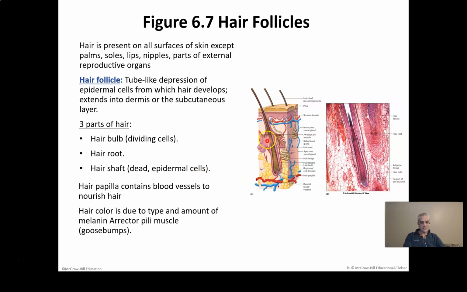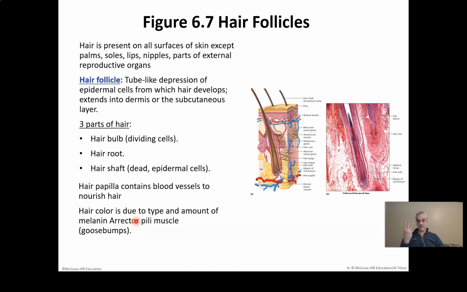Now, down in the bulb, there is going to be a nourishing supply of capillaries. There will be a capillary bed that surrounds this and nourishes those actively dividing cells. There's also another structure, mentioned a couple of slides ago: a smooth muscle.